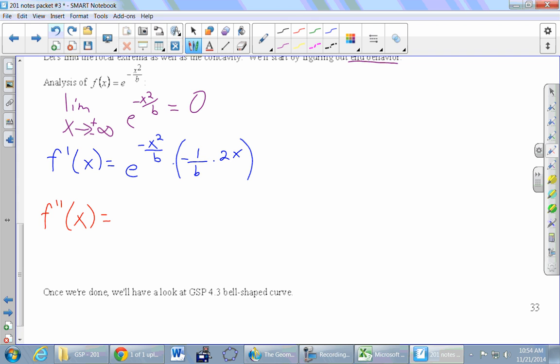All right, so here's one thing that I like to do to try to simplify my life whenever it's possible: if there's a constant multiple in the whole thing, I pull that to the very front before I even consider the product rule. So that negative 1 over b and that times 2 are both constant. And so I'm not even going to include them in my derivative. I'm just going to put this negative 2 over b here and say, okay, I'm about to do my product rule, but it isn't going to be affected by that constant there.